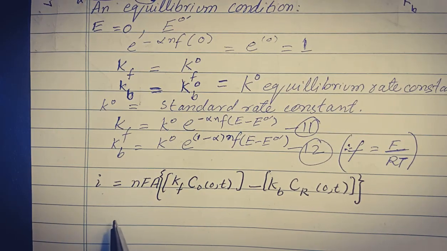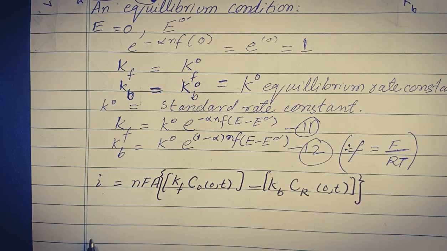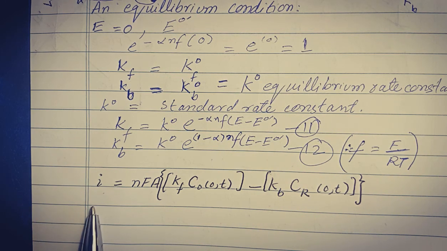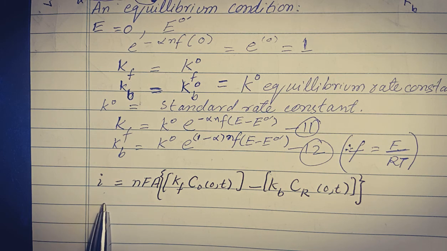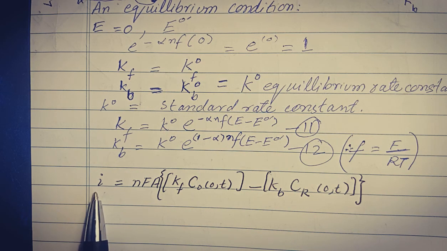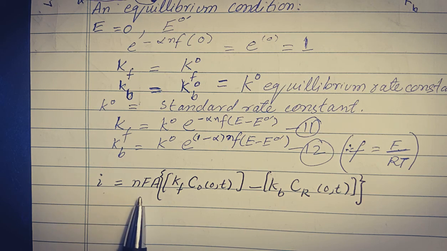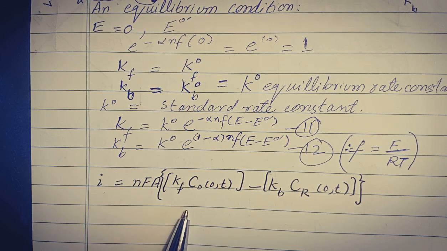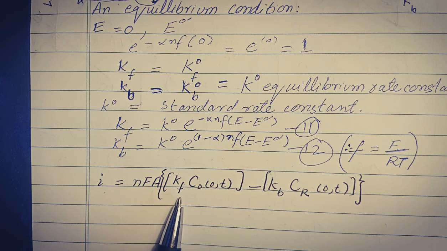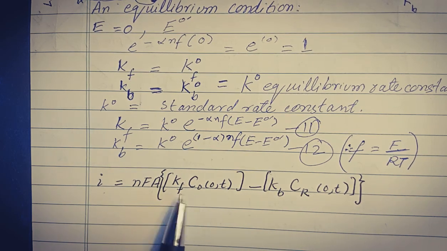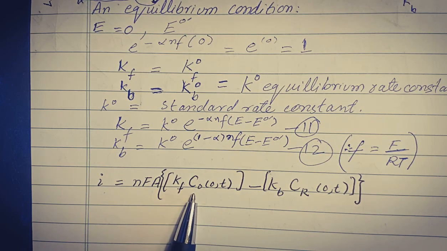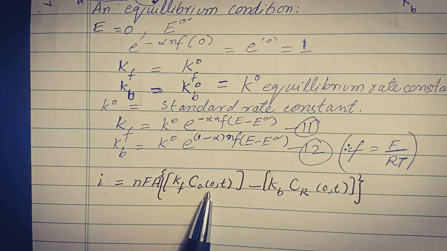At the start of discussing the Butler Volmer model of electrode kinetics, we showed that the expression for the current measured at the electrode is equal to the expression given here, in which again we have two rate constants, whereas C naught is the concentration of oxidized species at the surface of the electrode, as the distance of this species is 0 from the surface.